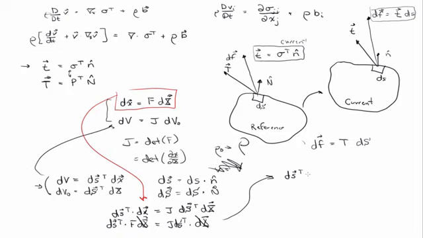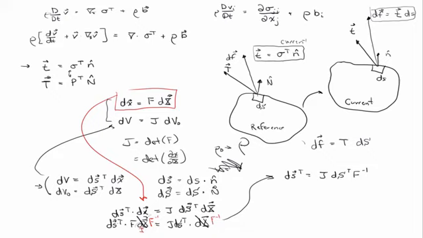I'm just going to solve for ds transpose, this is little s, which is equal to J d big S transpose F inverse. And I got to that by multiplying this equation down here on both sides on the right by F inverse, right? So if I multiply F inverse here and F inverse here, this is F times F inverse, which is the identity matrix.